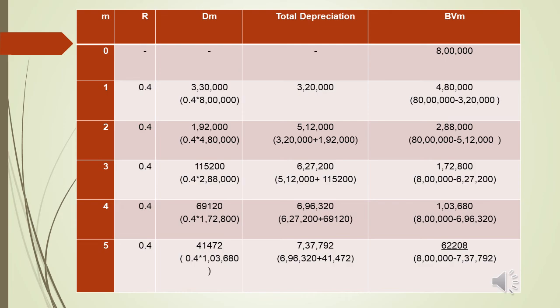So that is total depreciation of previous year plus DM of the present year, that is 5,12,000 plus 1,15,200, that is 6,27,200. So BVM, how are you going to calculate?